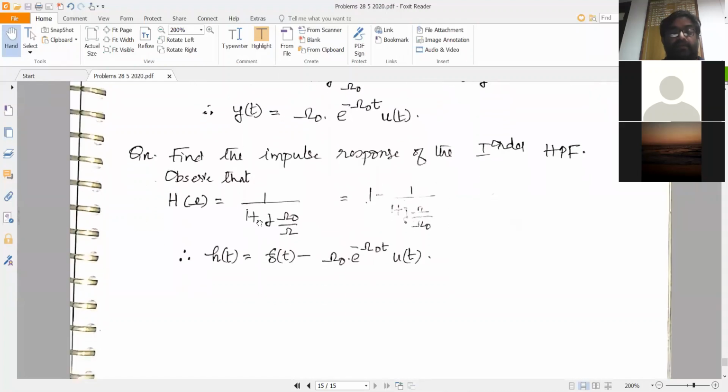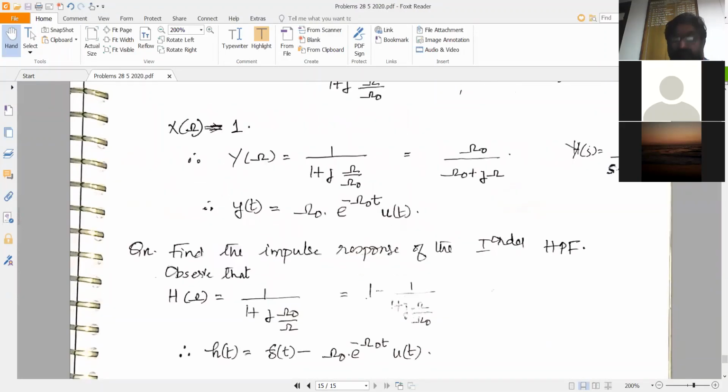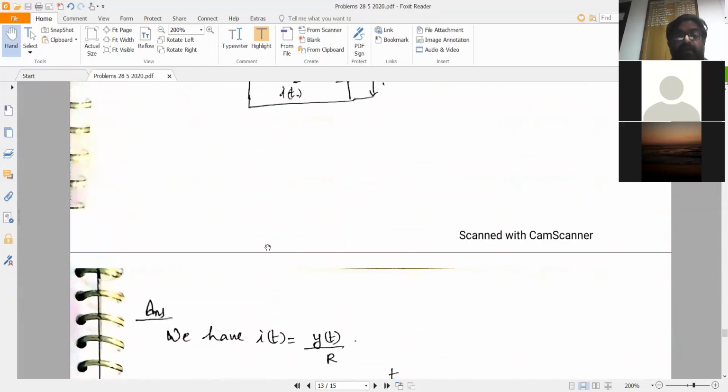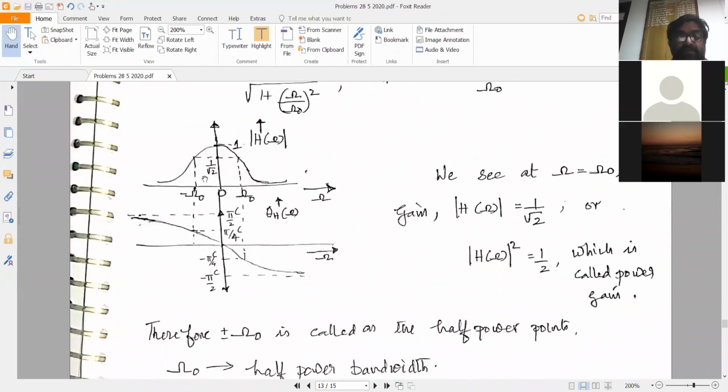Note that h of omega is equal to 1 by 1 plus j omega 0 by omega. Now see that there is a very interesting way in which you can calculate the impulse response of the high pass filter. For that, what you have to do is look at this frequency response and try to relate that to this frequency response. Okay, so this value is equal to 1.